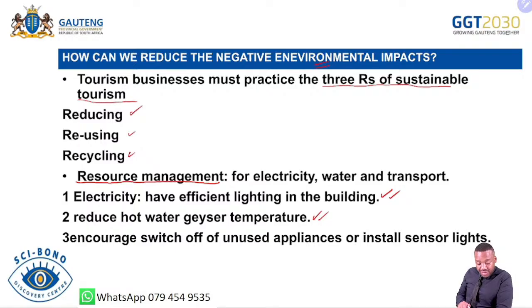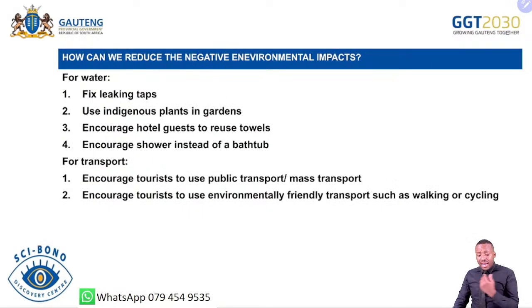In terms of electricity, number 1, have efficient lighting in a building. Number 2, reduce hot water geyser temperature. Encourage switch off of unused appliances, or install sensor lighting, right? That can help you to cut down electricity.